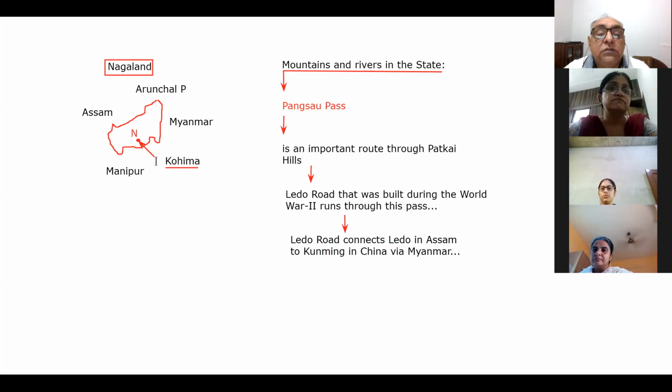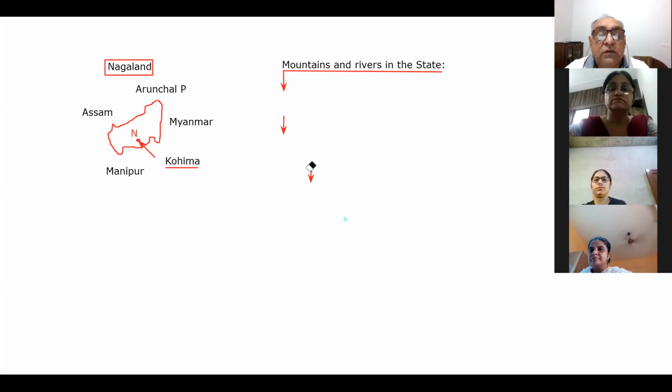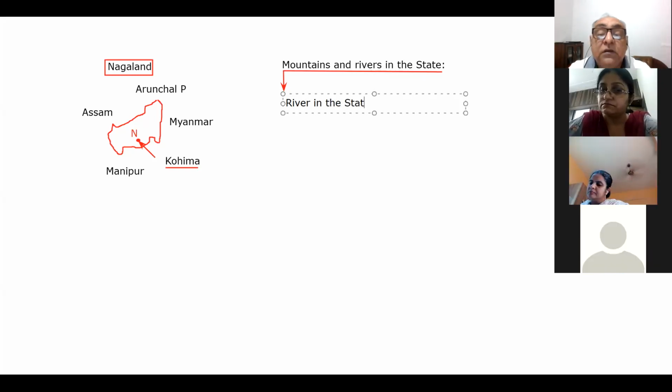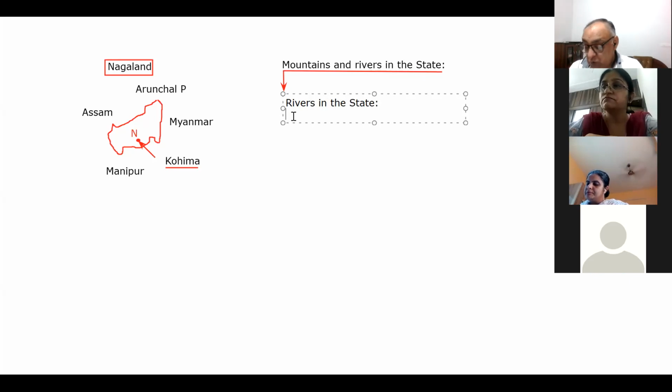Okay, all right. So now the next thing is about the rivers in the state. As far as the rivers of the state are concerned, let us take the rivers of the northern part.